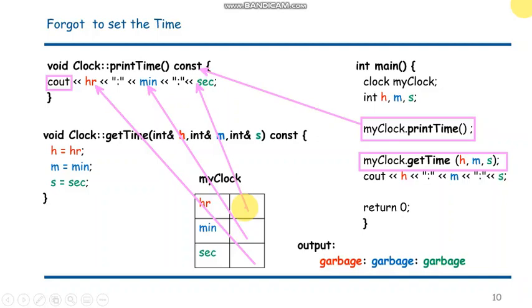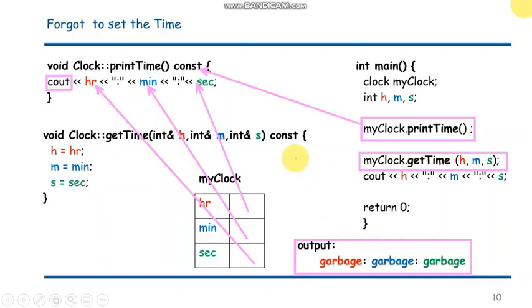And we don't know what those previous processes have left in these memory spaces. So what is in these memory spaces are garbage values. These are strange numbers. So what is being displayed here by print time, the output is garbage, strange numbers.